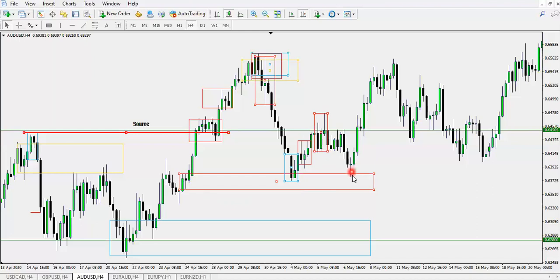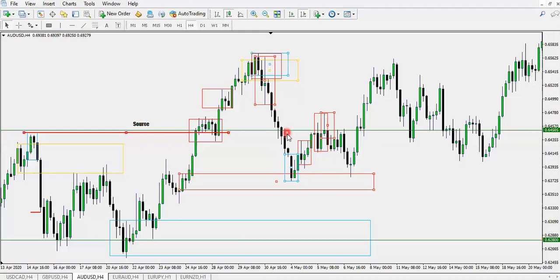Okay, and inside of that, you will see that price then rallied down and created this bearish order block inside of our bullish order block. Okay, so this can be confusing to someone who's never traded this strategy before.